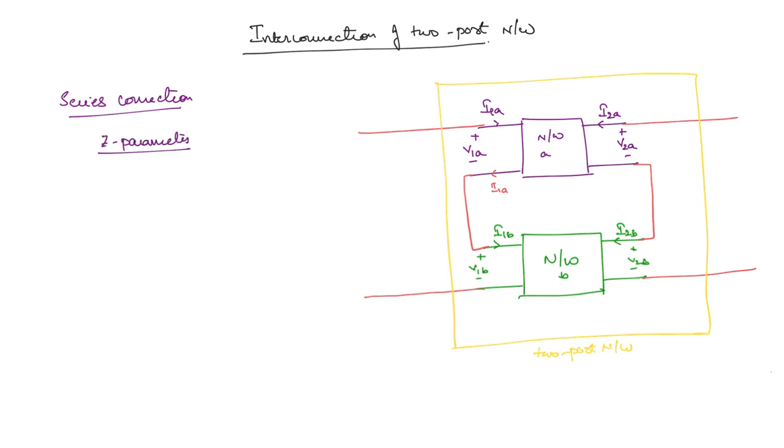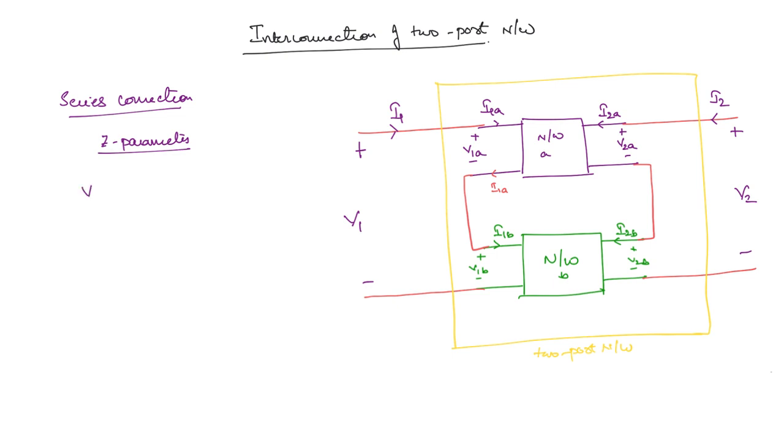So why is that? You can see that this voltage will now be V1 for the new two-port network. For the new equivalent two-port network, the voltage on the input side is V1, the voltage on the output side is V2, the current flowing into the input port is I1, into the output port is I2.